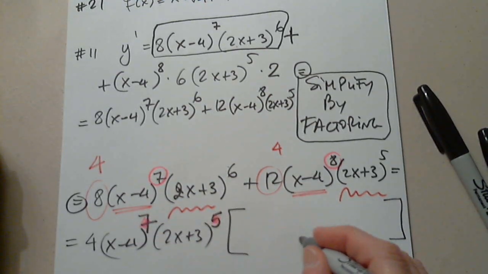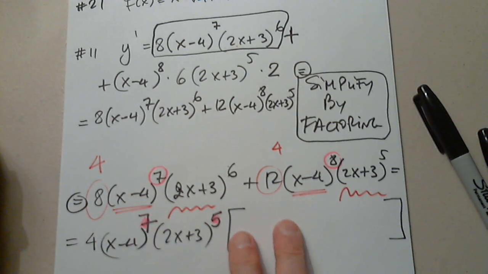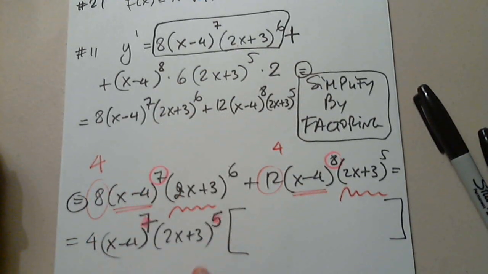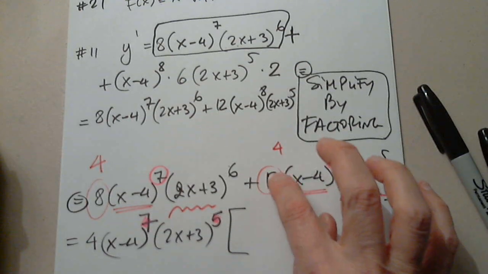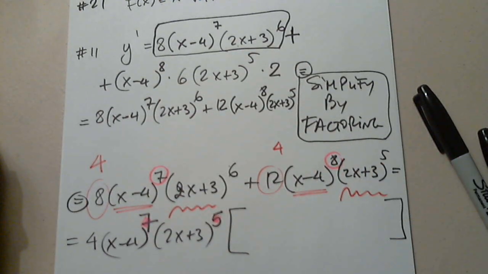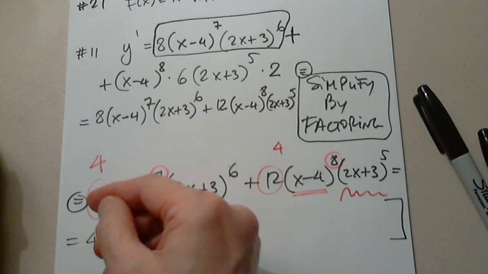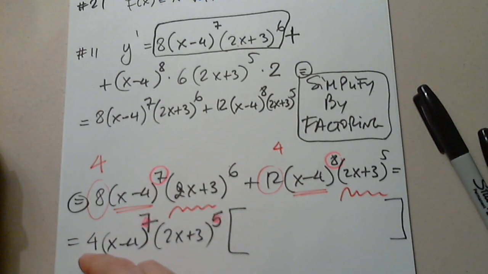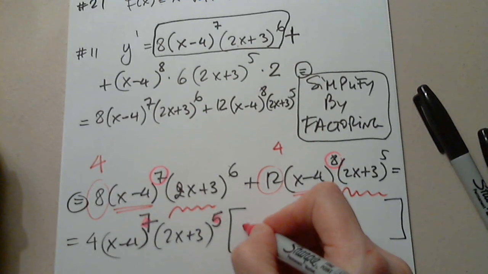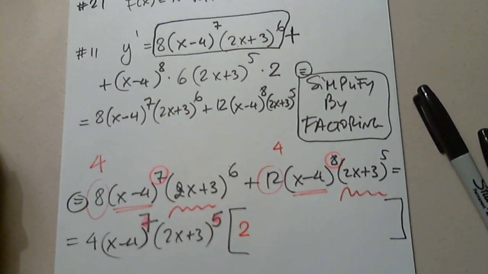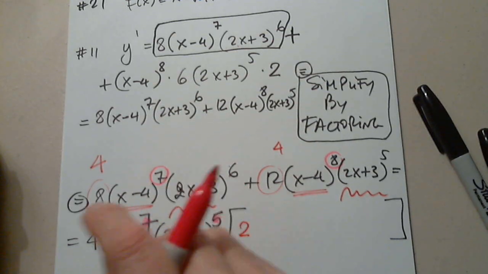And now we have to identify what is left inside, such that this times this is this. This times the second term equals this. So, from 8, I took out a 4. 4 times what is 8? Well, I have to write a 2. Exactly. Perfect. X minus 7 is x minus 7, so this is out.